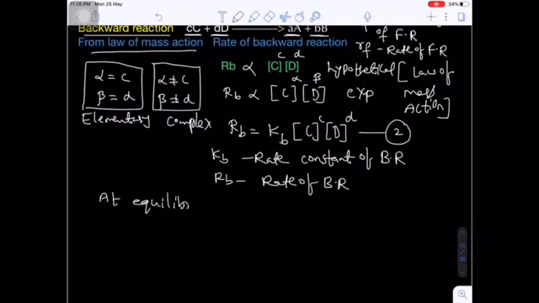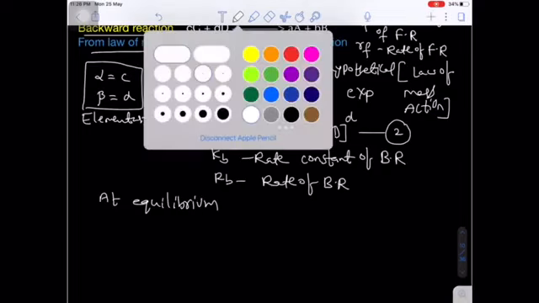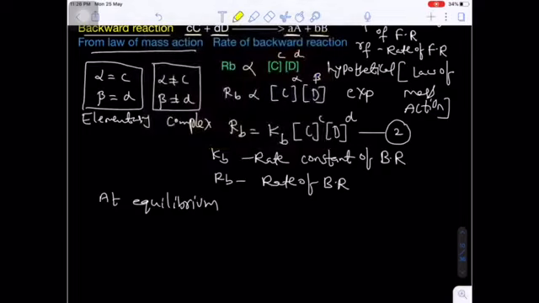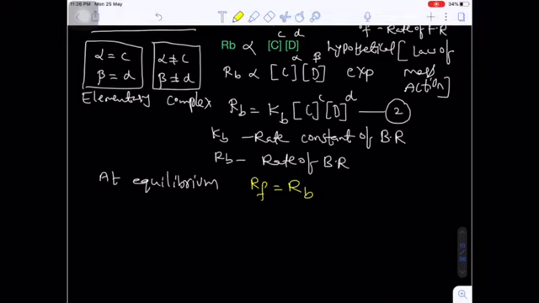What is the definition of equilibrium? It is a state in a reversible reaction at which the rate of forward reaction is equal to the rate of backward reaction. So now what I am writing here, from equation 1 and 2, rate of forward reaction equal to rate of reverse reaction, backward reaction.